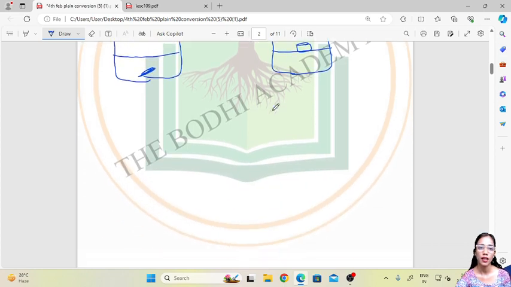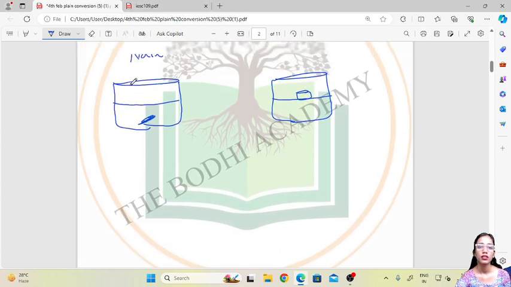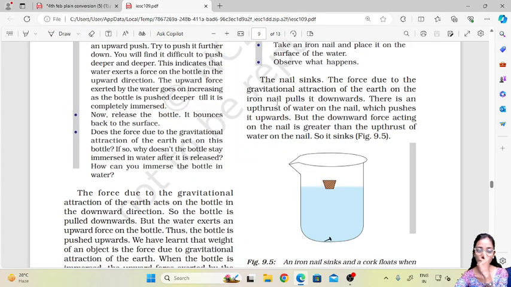Now why does this happen? This is because the gravitational force of the earth on the iron nail pulls it downwards.